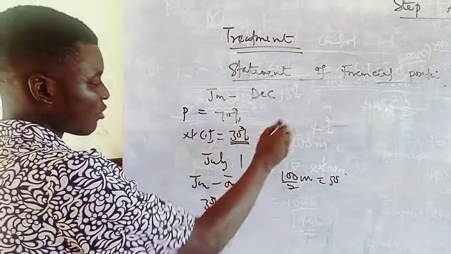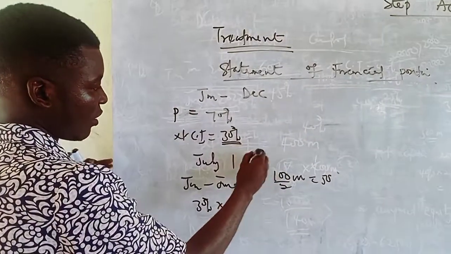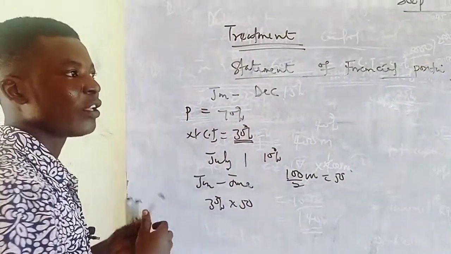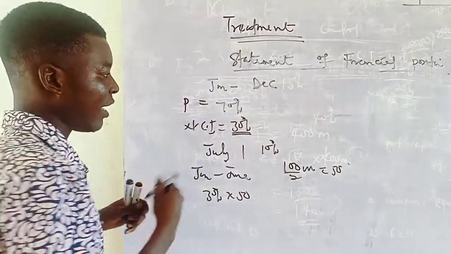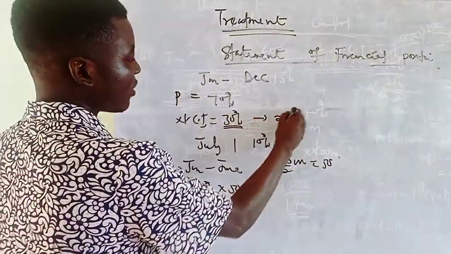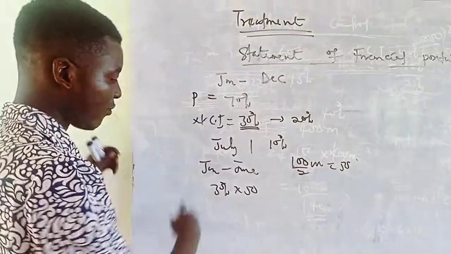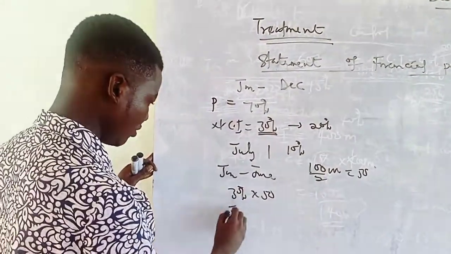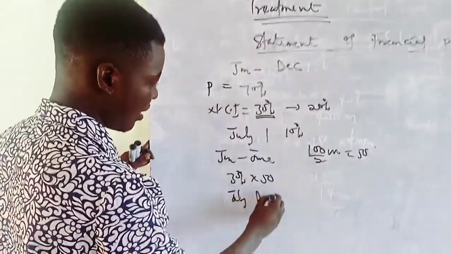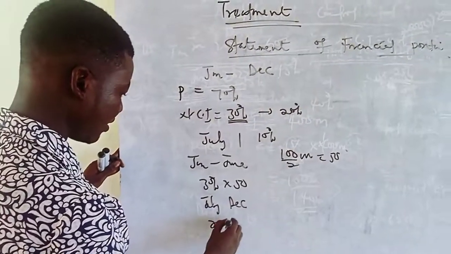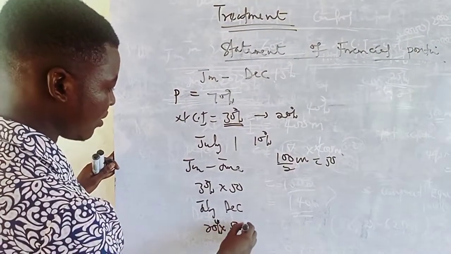But let's assume that you bought an additional 10% on July 1. So from July to December, the value of the NCI now will be 20%. So for the other 6 months, July to December, NCI will take only 20% times 50.